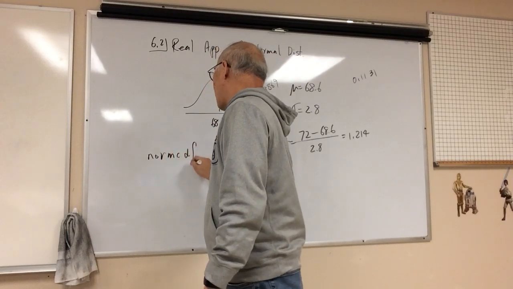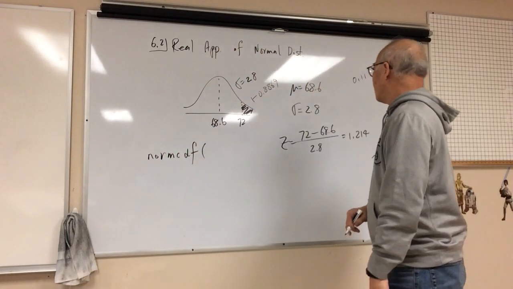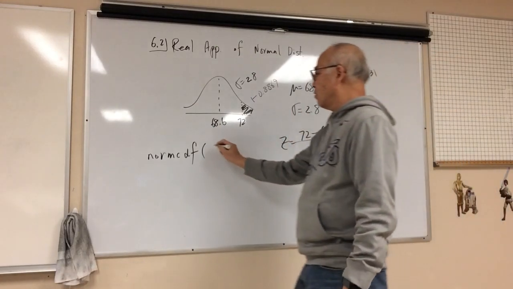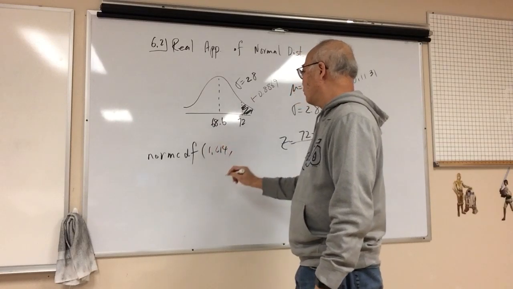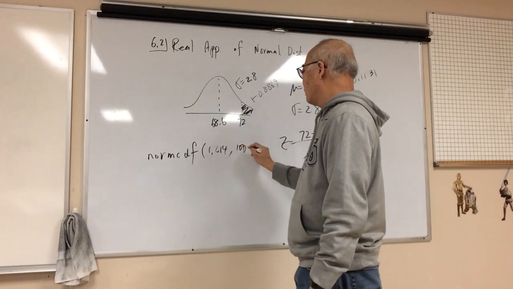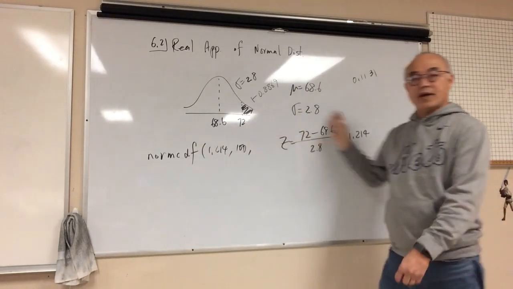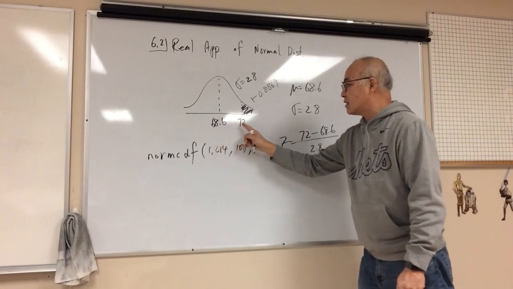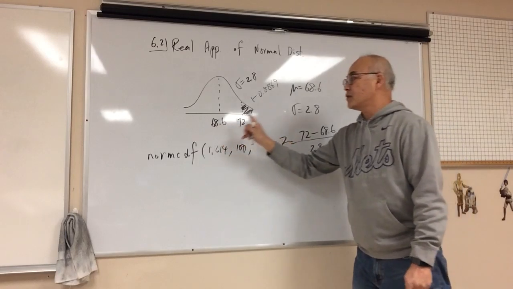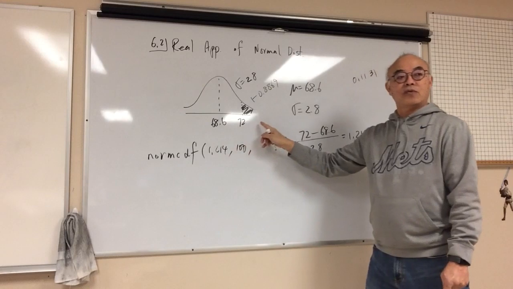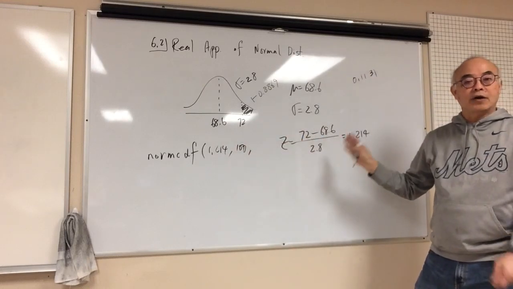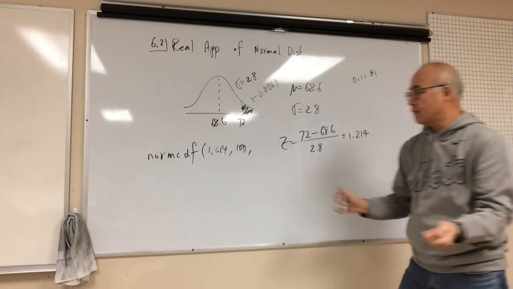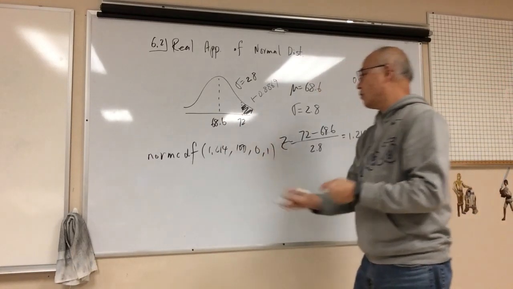So I'm going from the z-score of 1.214 to, we'll just call it 100, some arbitrary number way out there. Meaning not 68 or 72, but 0, 1.214, 100, in other words, 100 standard deviations out. See the difference there? And then I would put 0 and 1.